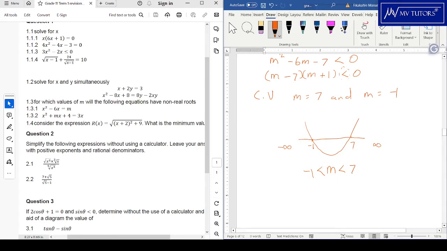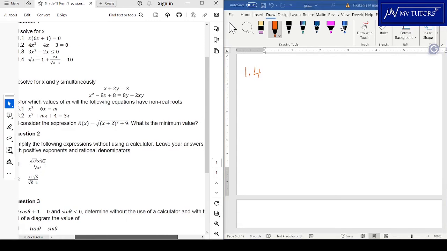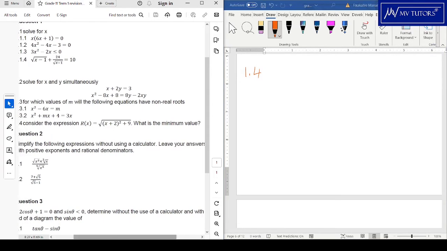Let's look at the next question then. And the next question is 1.4. 1.4 says consider the expression Rx is equal to square root of that. What is the minimum value?